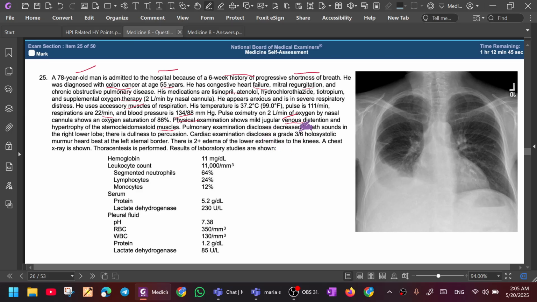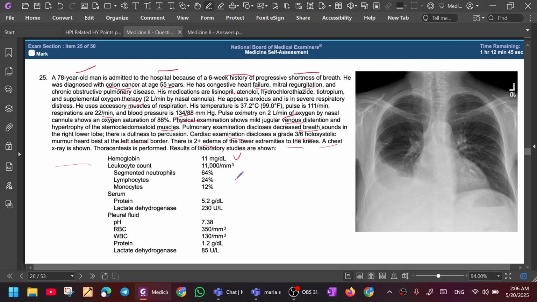Pulmonary examination shows decreased breath sounds in the right lower lobe and dullness to percussion. Cardiac examination shows a discrete 3/6 hollow systolic murmur at the left sternal border. There is 2 plus edema of the lower extremity to the knee. Chest X-ray is shown.